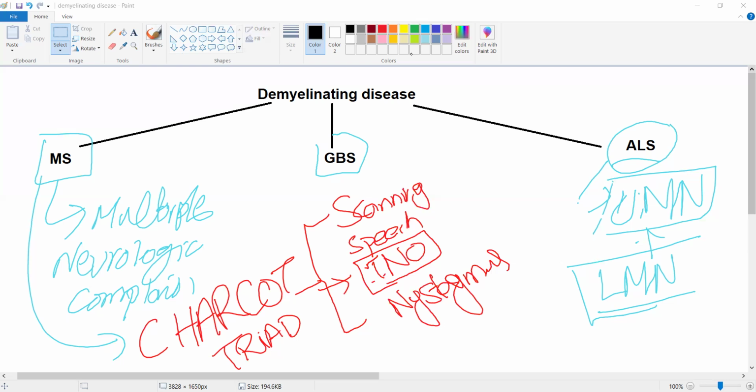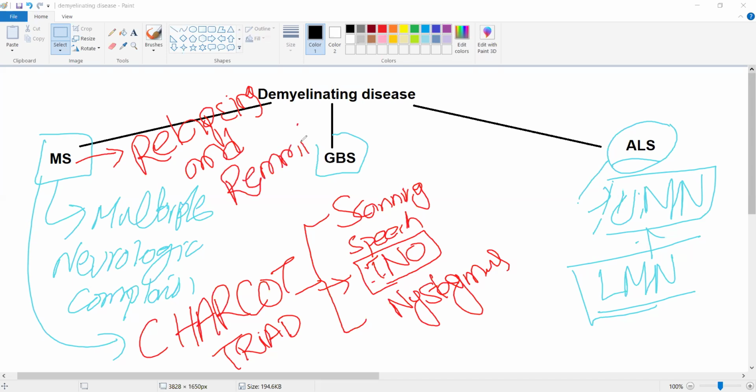So the main course of multiple sclerosis is relapsing and remitting. It gets better spontaneously. Sorry.